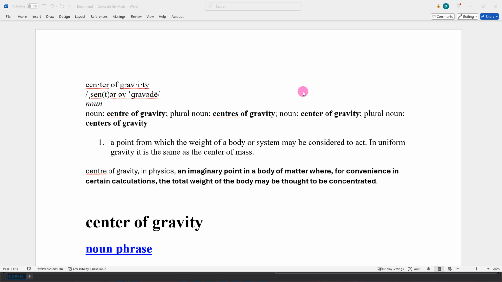In physics, an imaginary point in a body of matter where, for convenience in certain calculations, the total weight of the body may be thought to be concentrated.